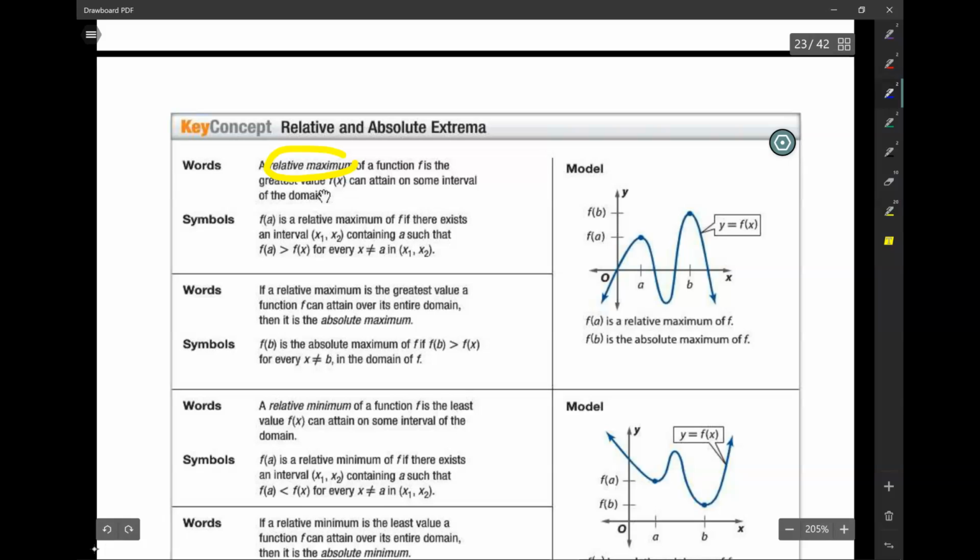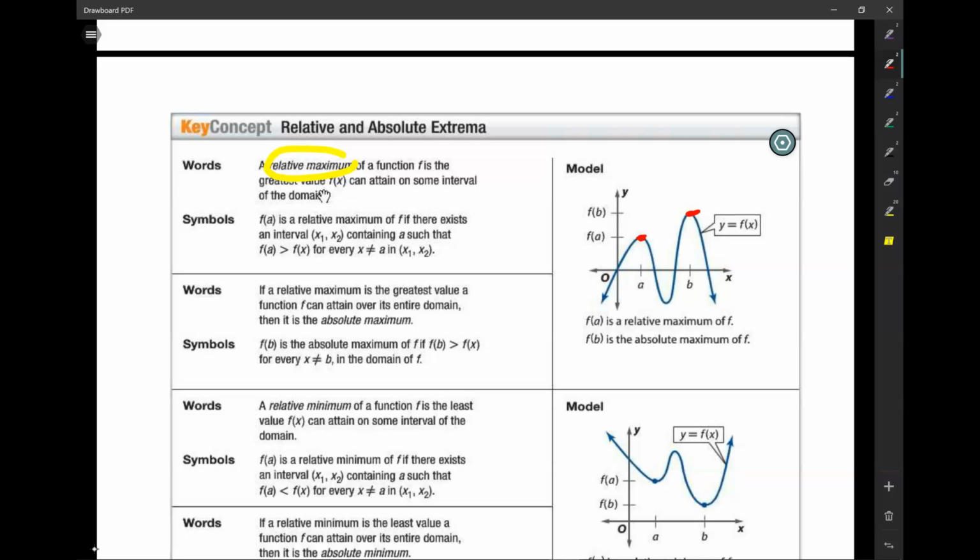Every time you have a peak like this, that is called a relative maximum. Each of those is a relative maximum in the vicinity of that region.